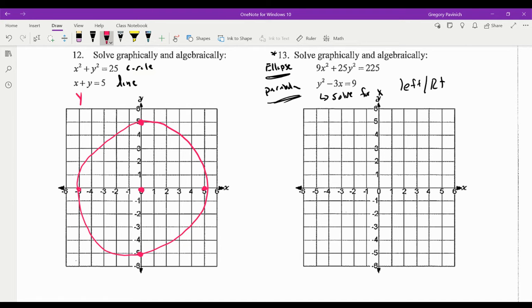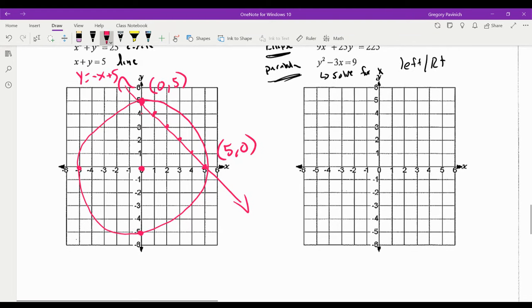And I have a line y is equal to -x plus 5. So let's go to 5. There's one of the intersections. Down 1, right 1. Down 1, right 1. And those look like they're going to be both nice intercepts. 0, 5, 5, 0.